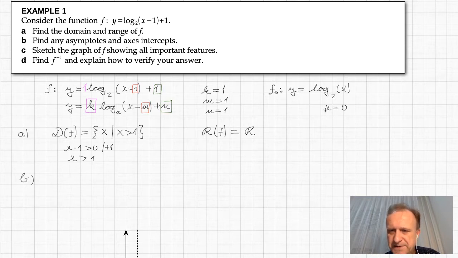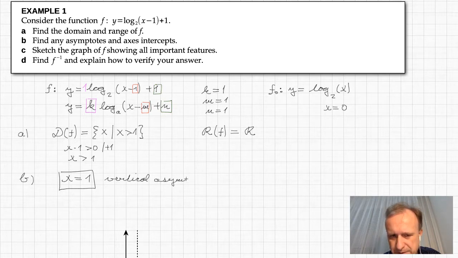This was the asymptote. And if you shift this function by 1 unit to the right and by 1 unit upwards, this asymptote will change to x equals 1. So x equals 1 is the vertical asymptote. Okay, like this. So it has to have this asymptote.